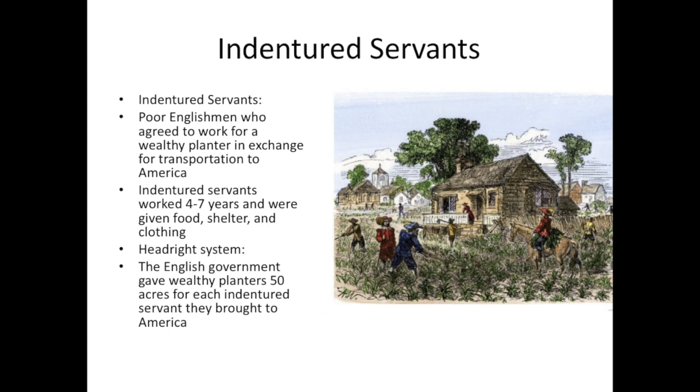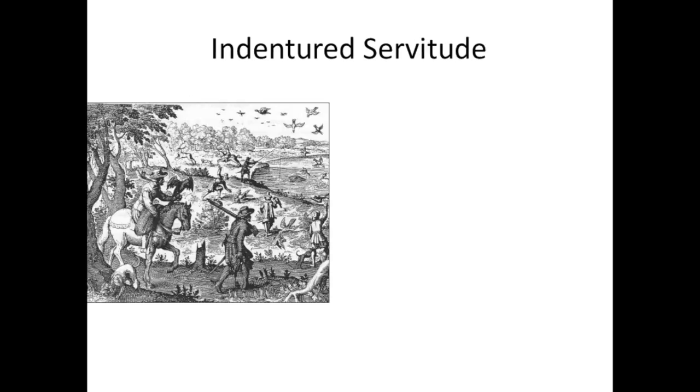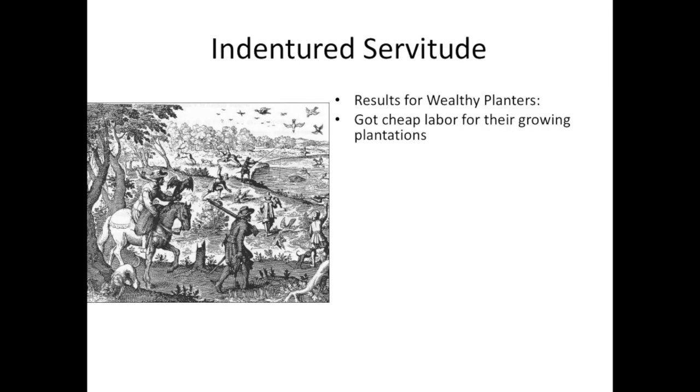And there was this promise that you would get a piece of land, but you can imagine that the wealthy planter class is going to have gobbled up all of the best pieces of land by the time you finish out your contract, if you finished out your contract. So there's going to be good results for the wealthy planter class, and that good result is that they got cheap labor and free land to use that labor on.